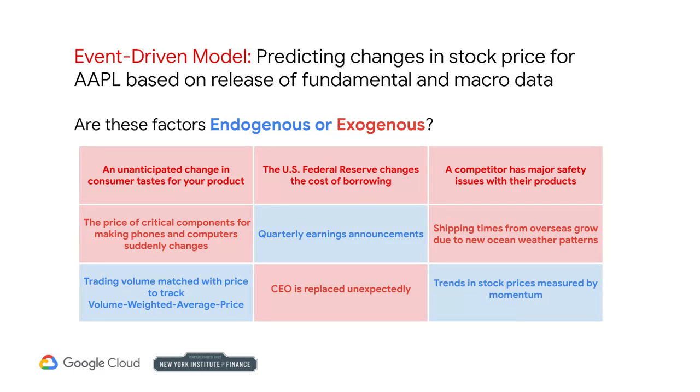This data is released infrequently, usually quarterly or monthly, but can trigger very large moves in share prices and so can be more profitable to trade than technical factors alone. Remember that all of the factors shown here have an impact on share price. Depending on whether you are a technical trader or an event-driven trader, you will specialize in using endogenous or exogenous data to drive your trading strategy.